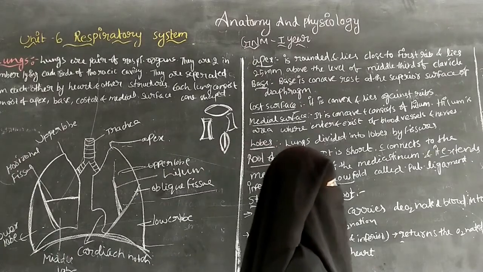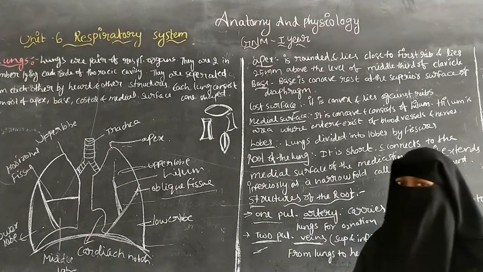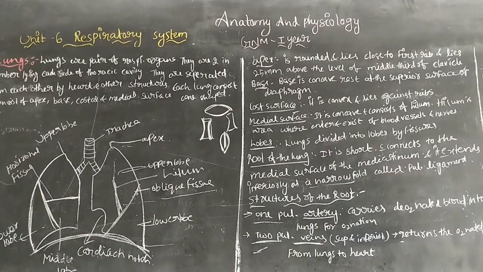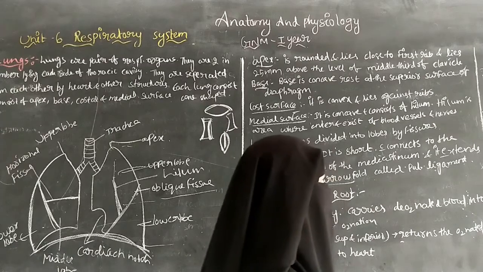And next is the bronchial arteries. One bronchial artery is on the right side of the lung and two are on the left side, which convey the arterial blood to the lung tissue.